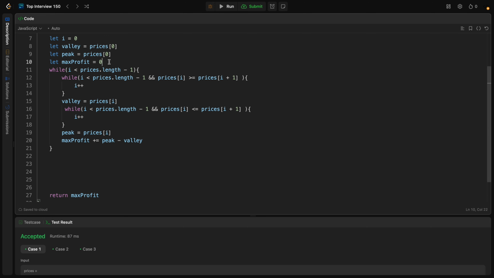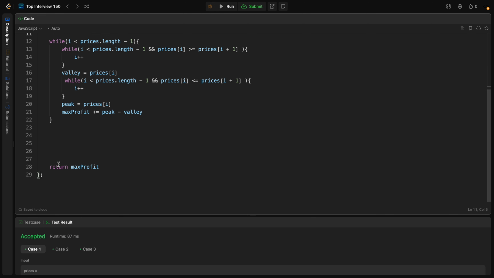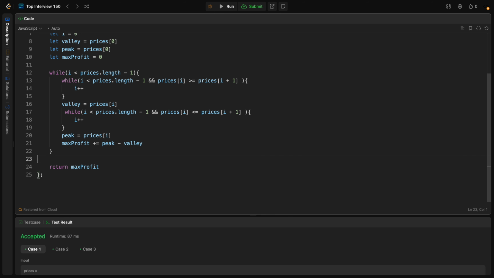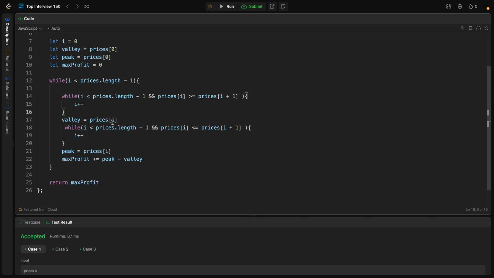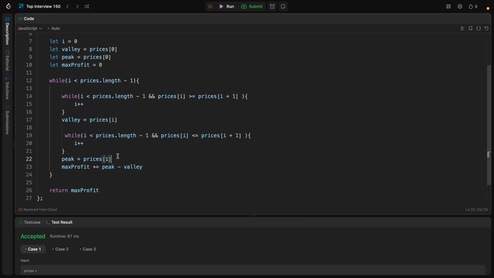After that we iterate through the prices. Okay, I didn't run that, I'll run it after that we will see.